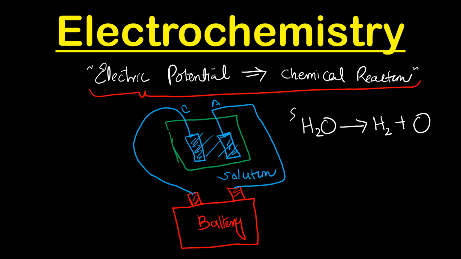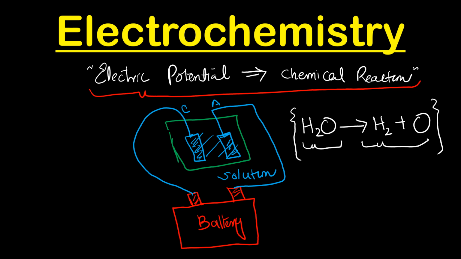So in this way, on applying electric potential, the chemical or the solution will be dissociated into different types of atoms.